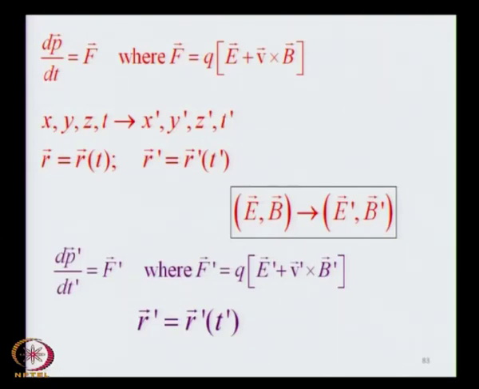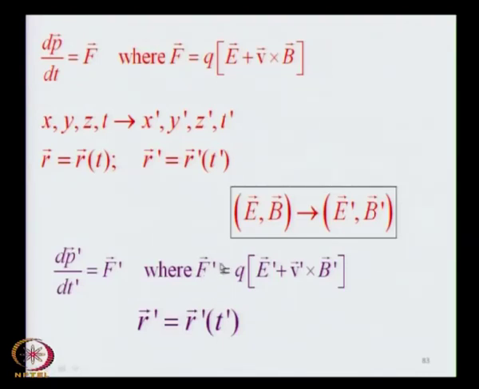And therefore, the observer in the second frame of reference can get his trajectory by setting up an equation of motion in the primed frame, which is dp prime by dt prime. Notice that you have the primed symbols appearing over here because the times are different, and then automatically every other parameter also has a different meaning.